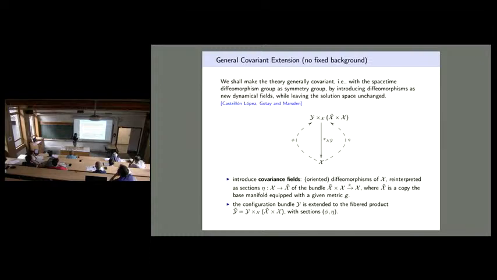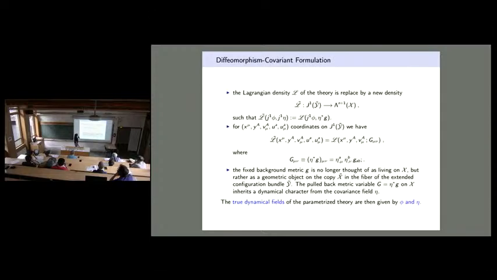So it's like you have your background, you have your fields. Now you have the dynamical background through this diffeomorphism, and the fields on it. So you have something like a dressing of your background in terms of diffeomorphisms. This allows you to be fully covariant. Now your Lagrangian changes accordingly.